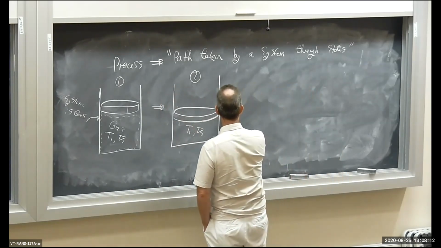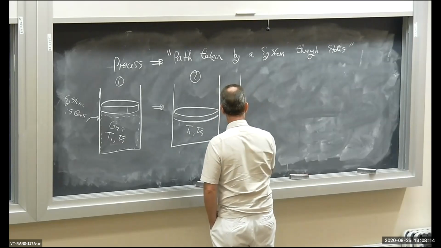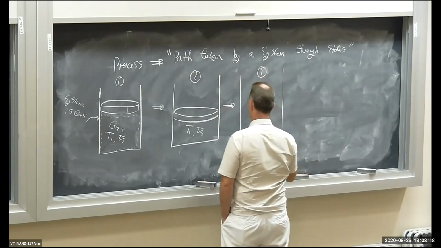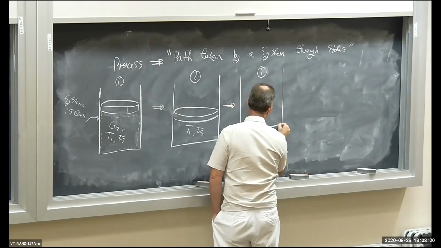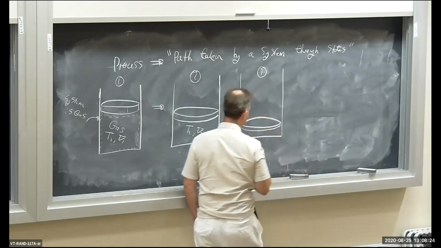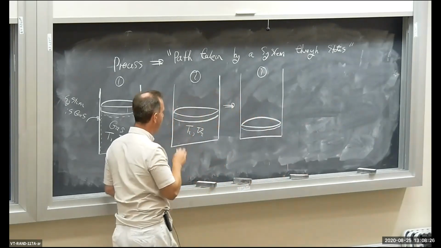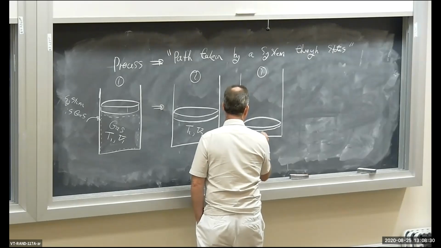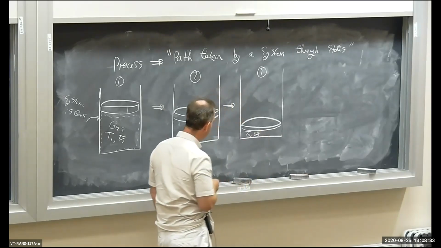And now I'm going to squeeze down the gas even more. And this goes down to state 3. So now the piston is even further down into the cylinder, and I'm squeezing the gas down, and I have a temperature T3 and a volume V3. A little bit hard to see there.